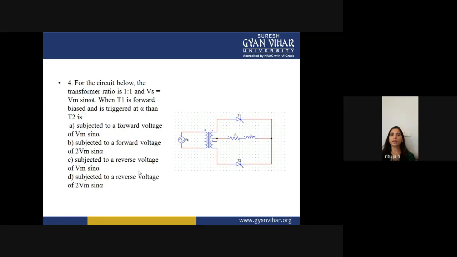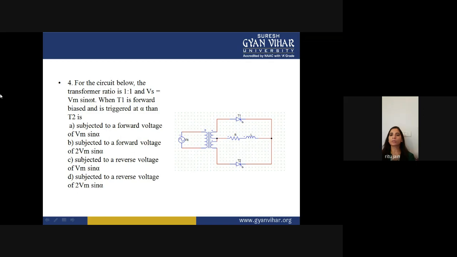For the circuit below, the transformer ratio is 1:1. Okay. Vs is equal to Vm sine omega t. When T1 is forward biased and is triggered at alpha, then T2 is subjected to a forward voltage of Vm sine alpha.